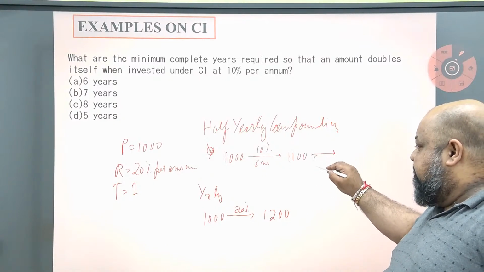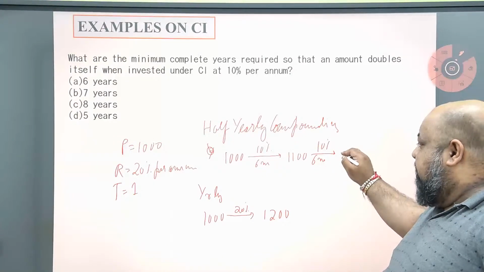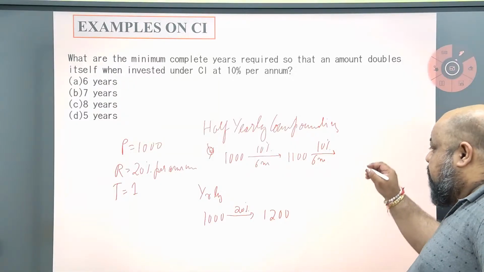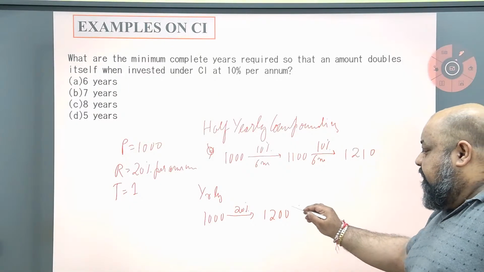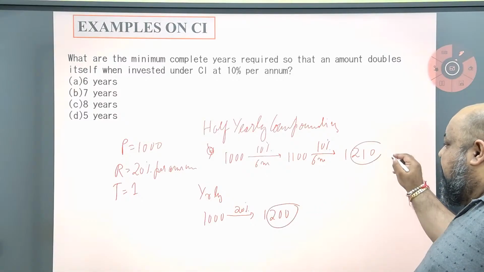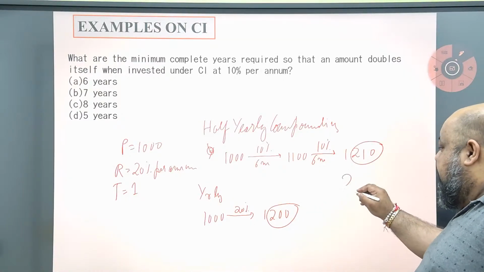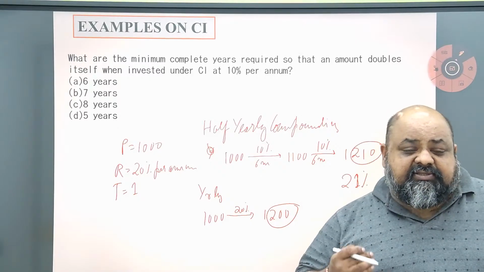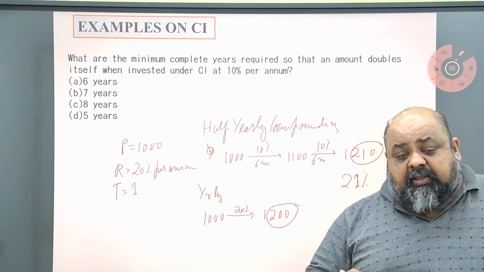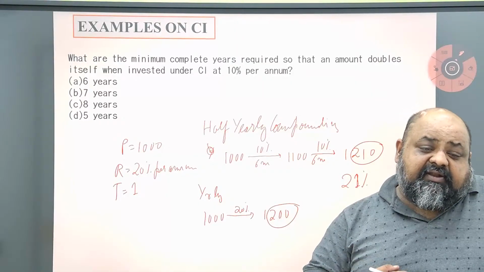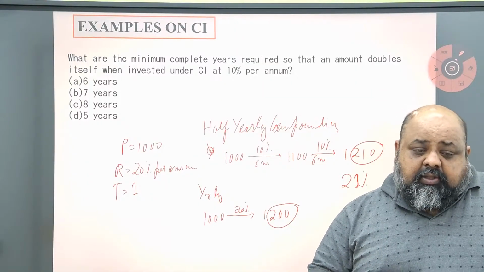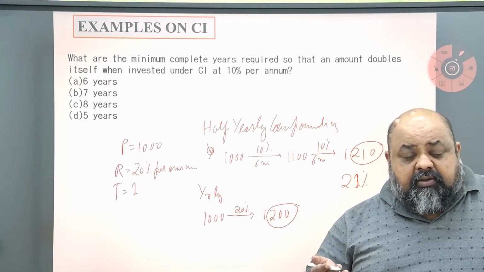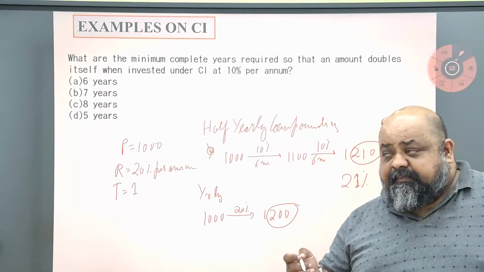Over the next 6 months, this will increase by 10%. 10% of 1,100 is 110. So this will become 1,210. So instead of 200, I am getting interest of 210, which is 21%. Because some interest was calculated earlier, we will get interest on that and therefore the effective interest will increase. So the more frequent compounding happens, the higher the interest would be.